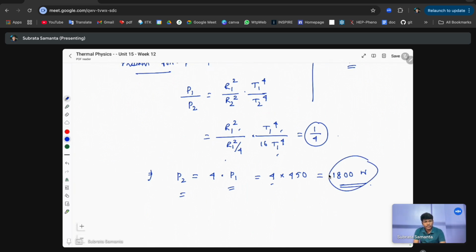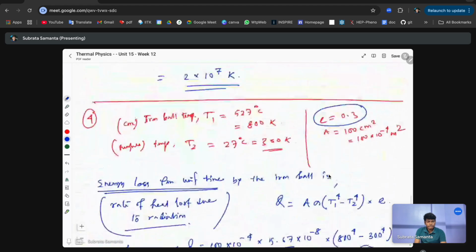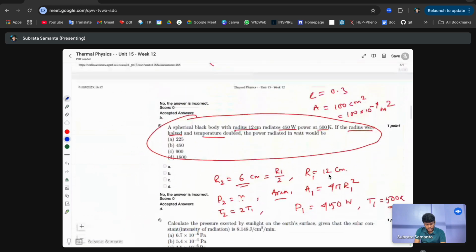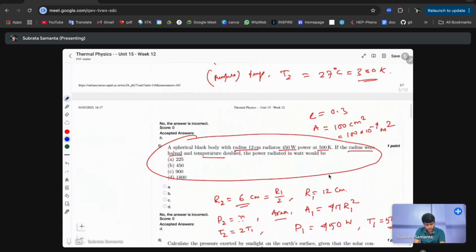Okay, so let's check the options. 1800 watt, so the radiant power. The unit is watt. So option D is correct.